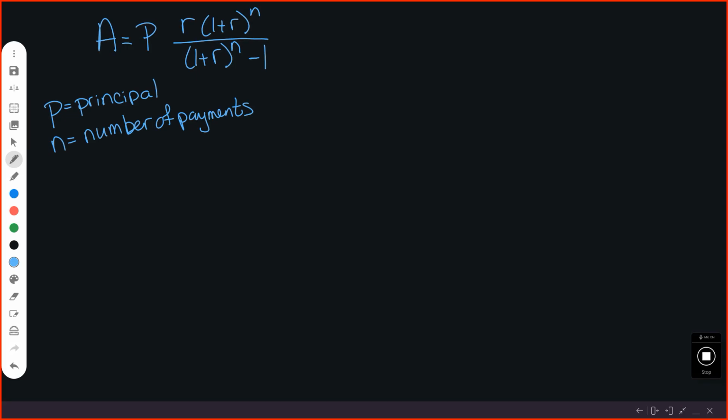And R is the interest rate per month. So one of the things that we're going to do in this class is, when we have formulas to use, we're going to write down what numbers go in for each one, and then we're going to fill in the formula, okay?